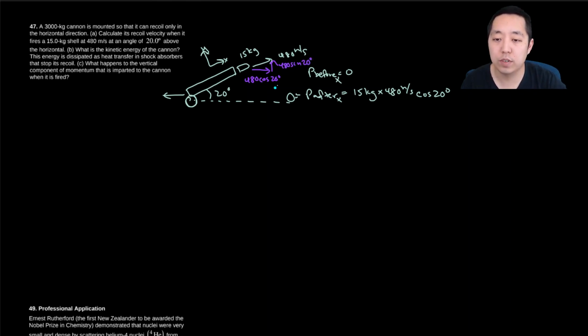So really, this velocity doesn't equal this velocity, but this momentum is going to equal this momentum here times v. And so I can solve for my v. It's equal to all of this divided by 3,000. So it'd be negative 15 times 480 times cosine of 20 degrees, all of that divided by 3,000.